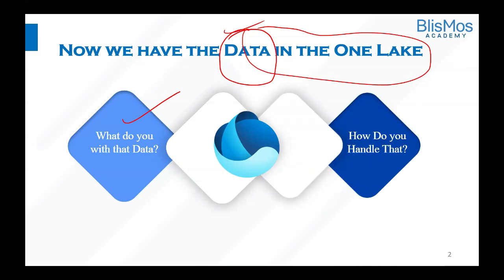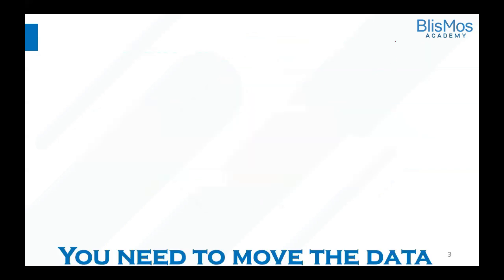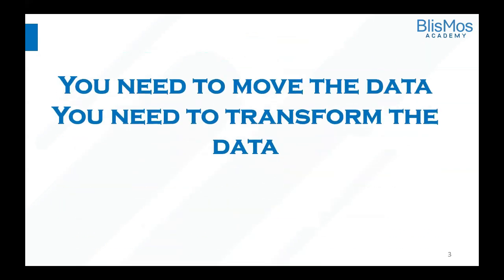Okay. So once we have data in the OneLake, we'll do multiple things with that. But the data in the OneLake needs to be moved somewhere, right? As Vinith was saying, we'll take the data and send it somewhere.